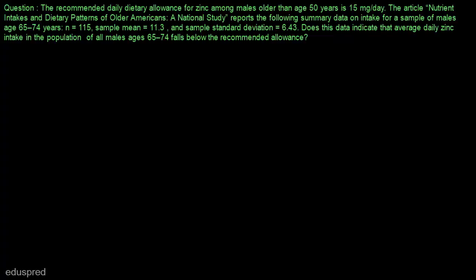So we are given that the sample size, that is n, is equal to 115. The sample mean is 11.3 and the sample standard deviation is 6.43. Does this data indicate that average daily zinc intake in the population of all males ages 65 to 74 falls below the recommended allowance?